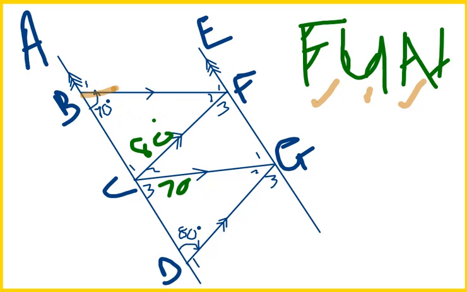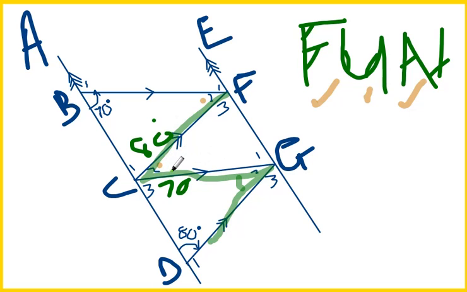If I look at this figure, I can see a Z right there, and this angle here would be equal to that angle there. So let's mark it. Using another highlighter or color, I can also draw my Z like that, and it means this angle here is equal to that angle there.